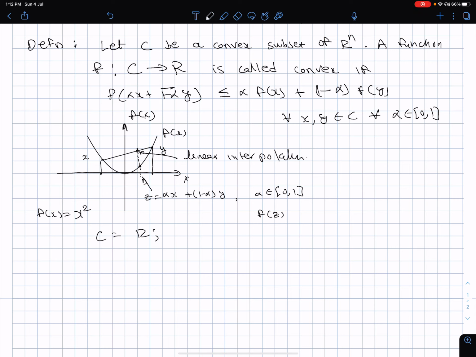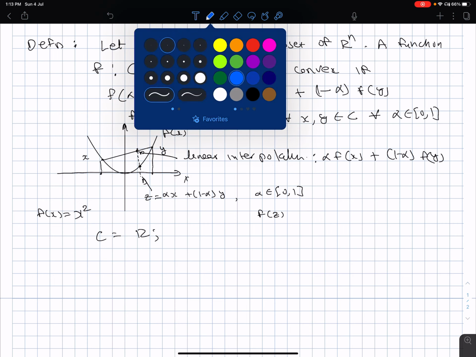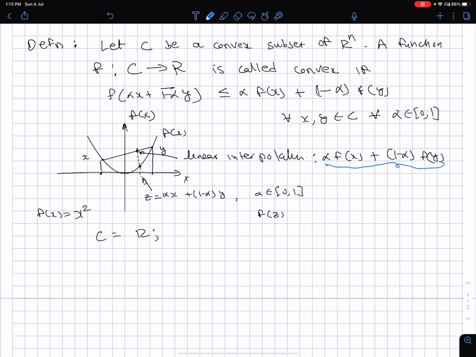And how do you call that point? As alpha of f of x plus 1 minus alpha of f of y. And how did you get this? The same idea. Start at y, the function value is f of y.